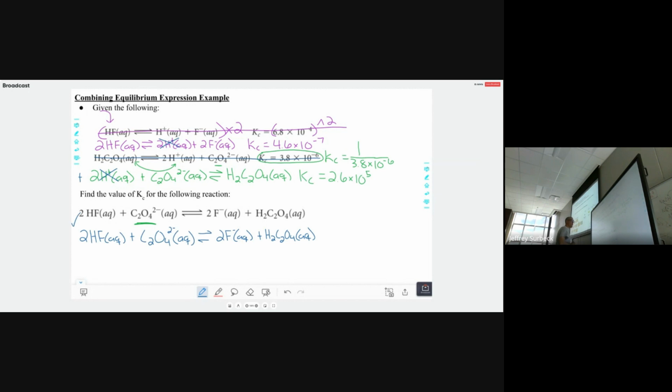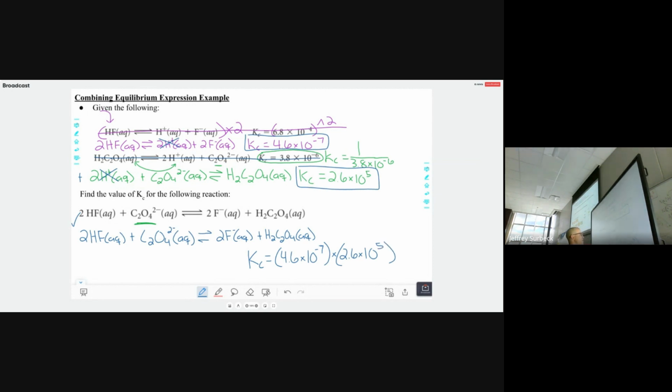So check. That means all we have to do to find our K value is take our manipulated Ks from the equations that were given, which I box in blue. To find the Kc value of our equation, we take 4.6 times 10 to the negative 7th times 2.6 times 10 to the 5th.